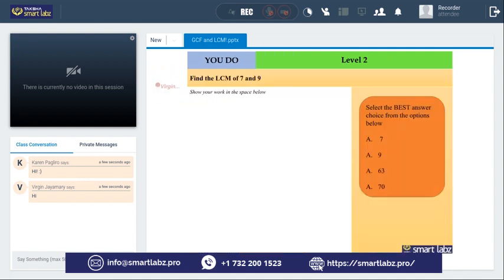Now this is your least common multiple. Again, if you have any questions or need any help, I'm right here.